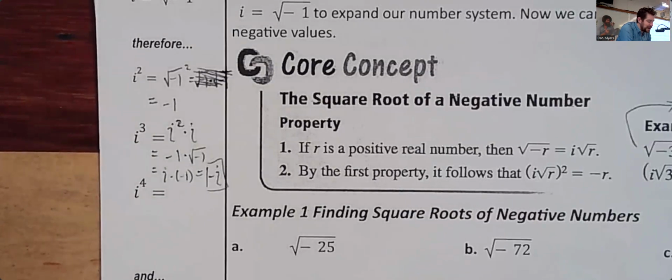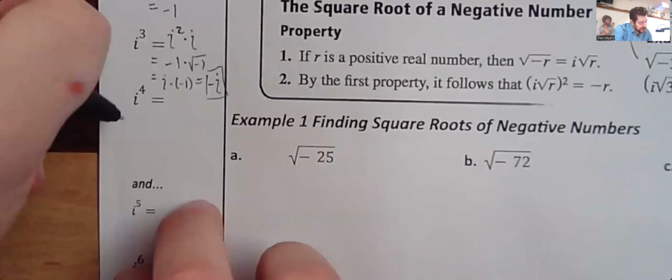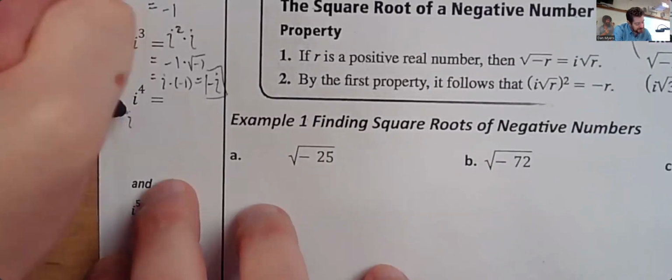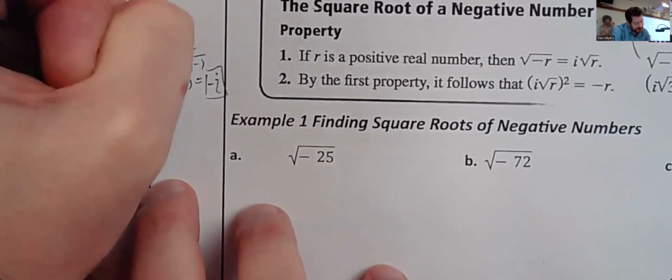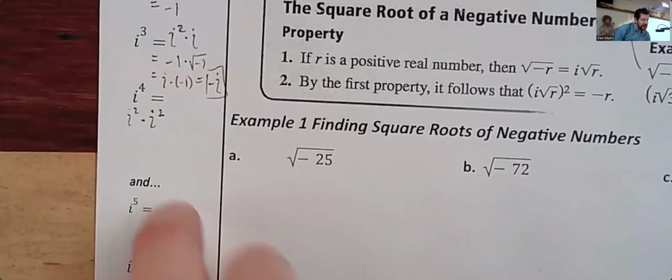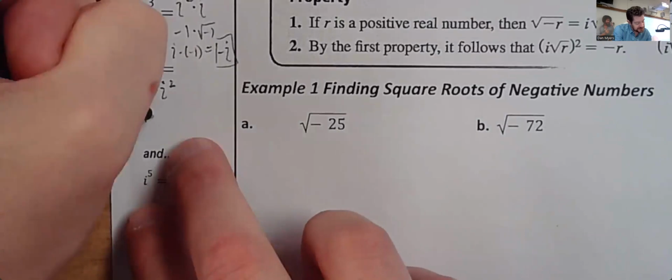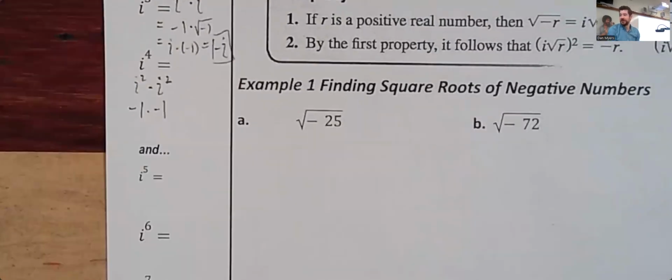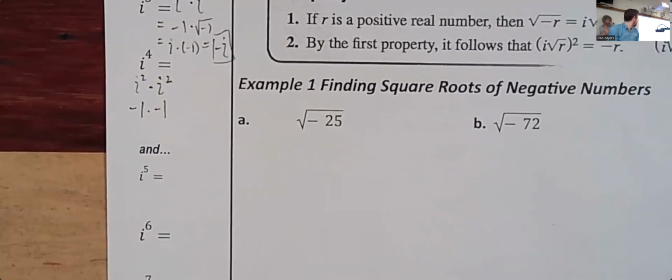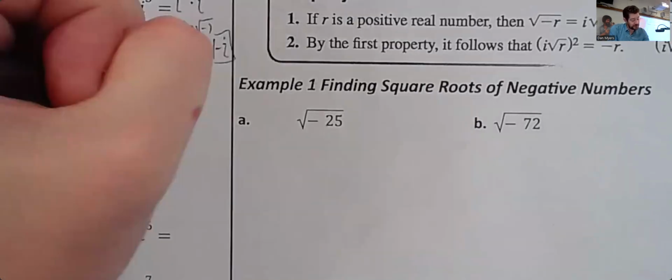Okay. Let's try the power of 4. So the power of 4 would be i squared times i squared, yeah? And i squared is -1 times another i squared, which is -1. So what does that equal? It equals 1.